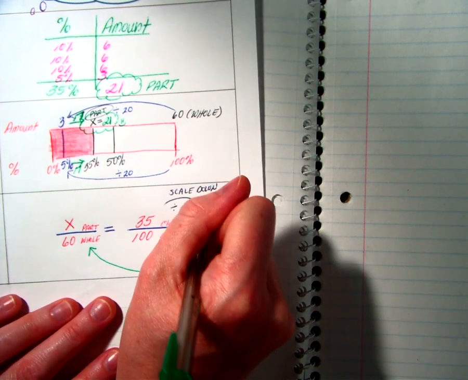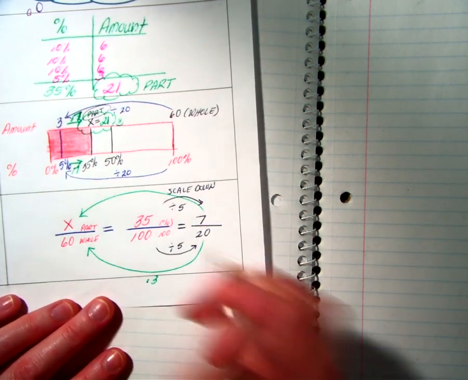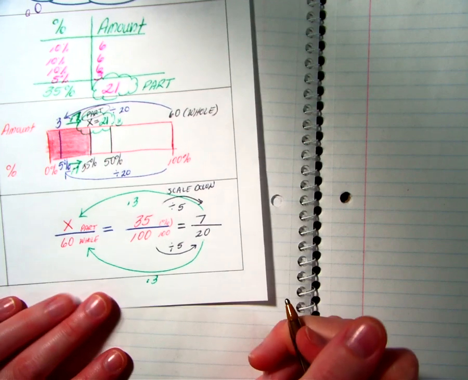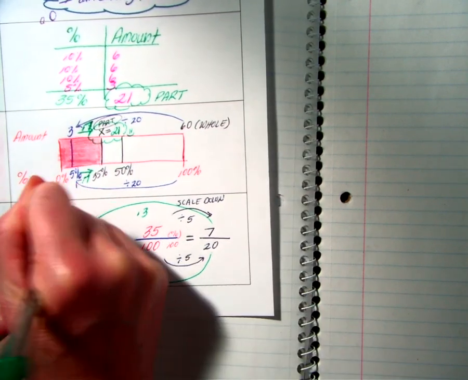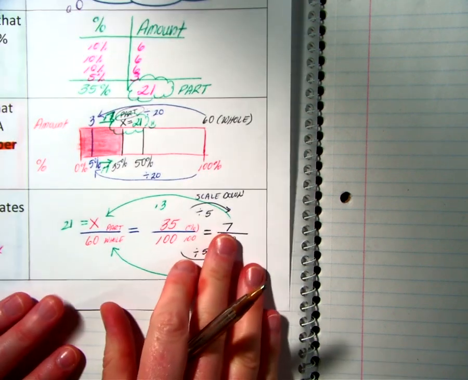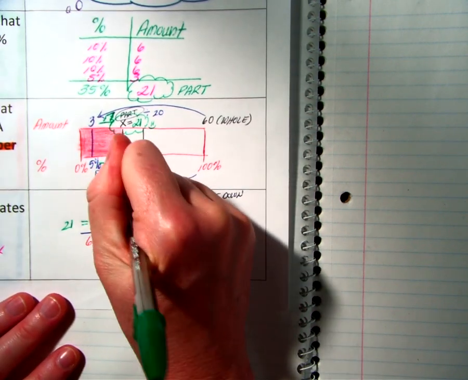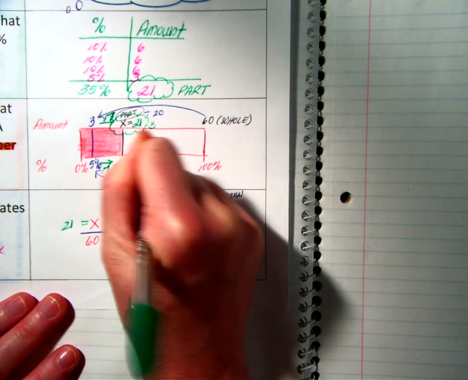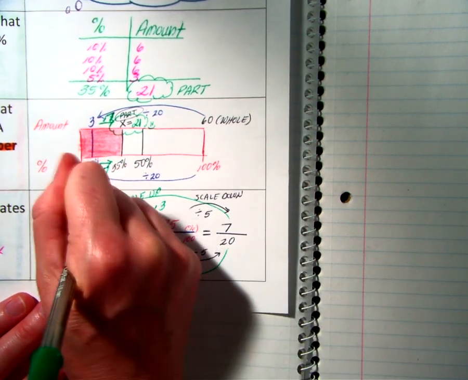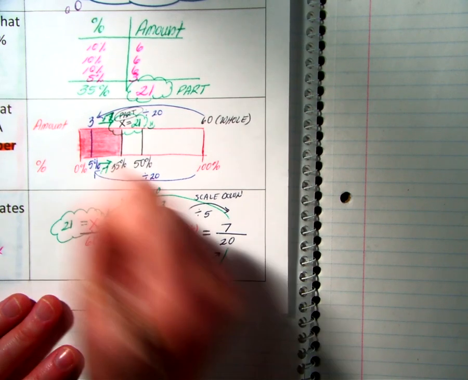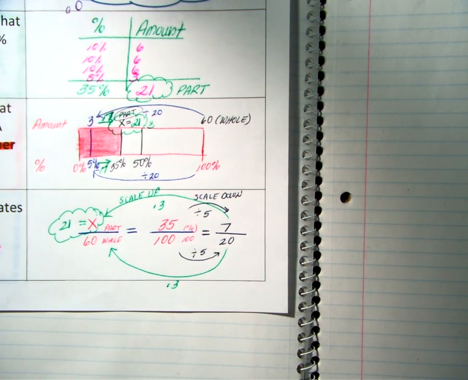I'm going to scale this one all the way up. 7 times 3 is 21. So your unknown number is not so unknown. We're going to scale up. So, what did you just find? You found the part. You found how many crackers out of the Cheez-It box that you have to share with your sibling.